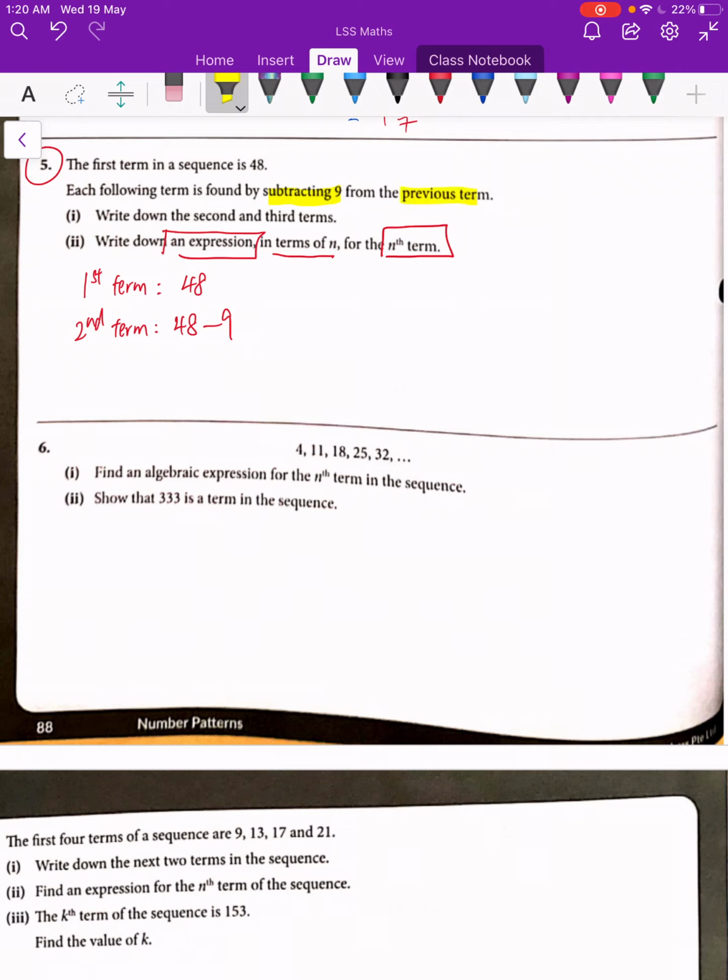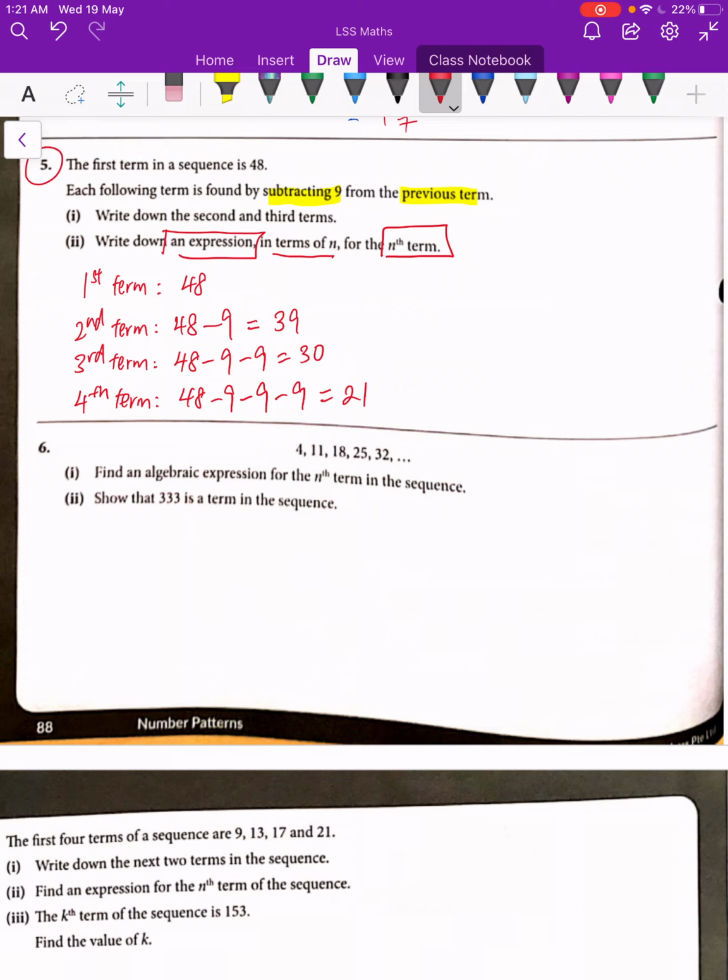So the second term is minus 9, the third term is minus 9, the fourth term is minus 9 again. So this one will be 39. The third term will be minus 9, 30. And the fourth term will be 48 minus 9 minus 9 minus 9 equals 21.